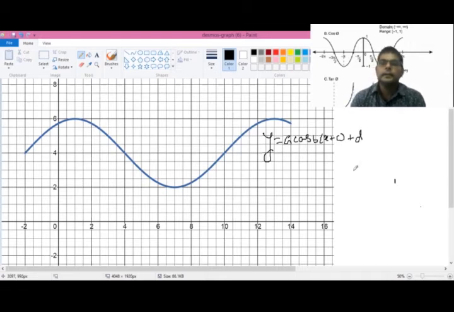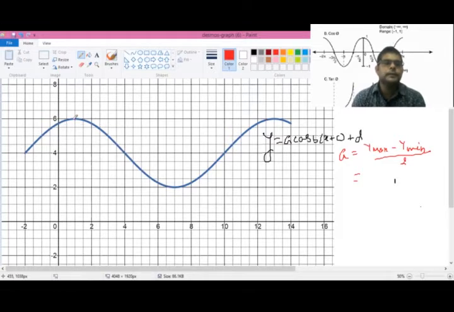either upward or downward of the x-axis. So you know that if you would like to find a, then a will be given by y maximum minus y minimum, divided by 2. You can see here the y maximum value is 6.